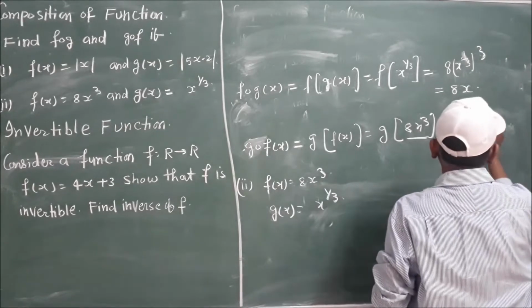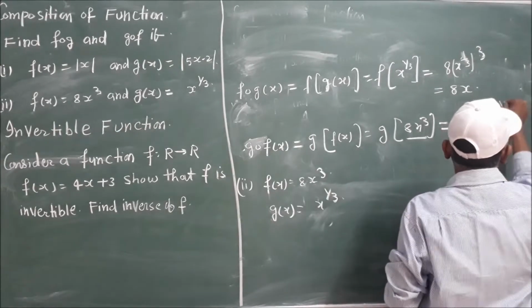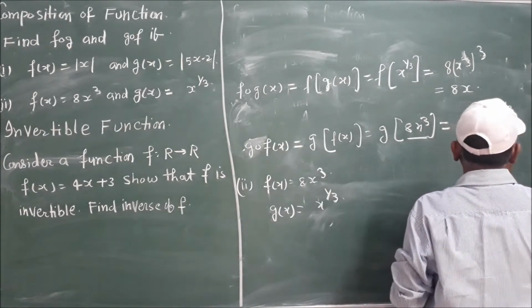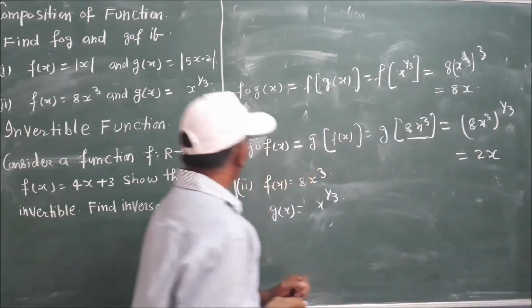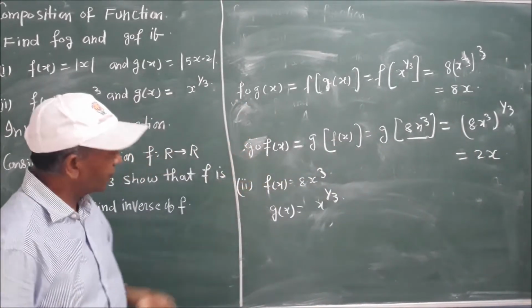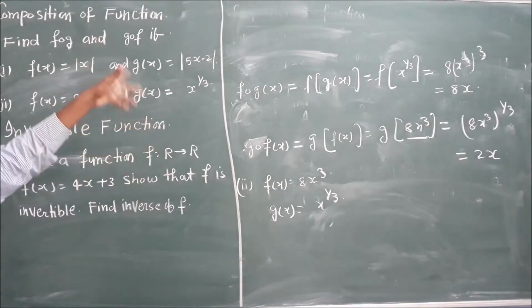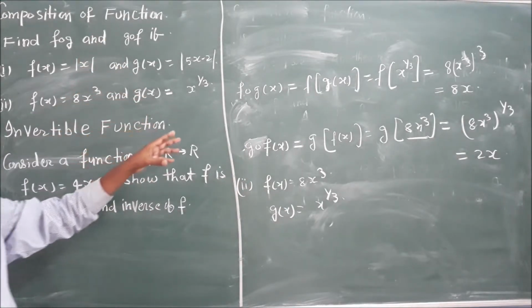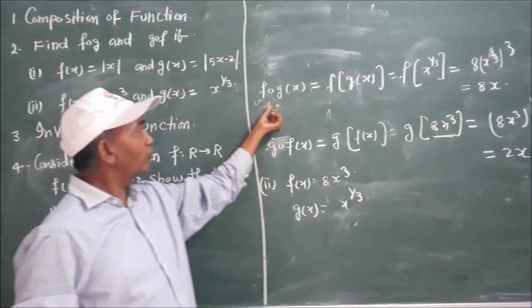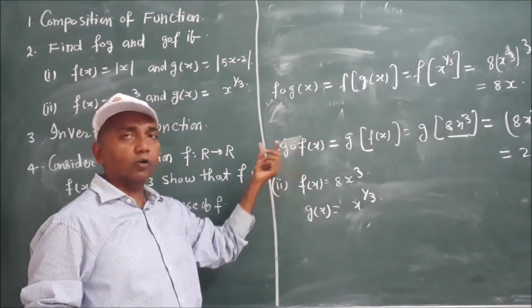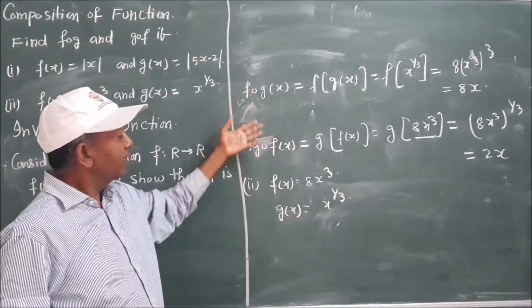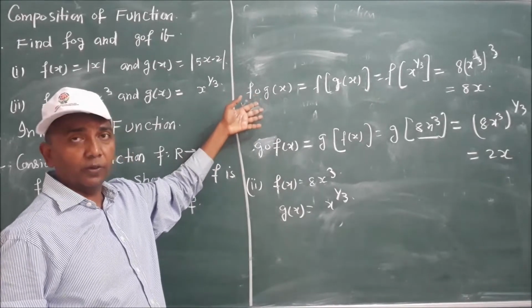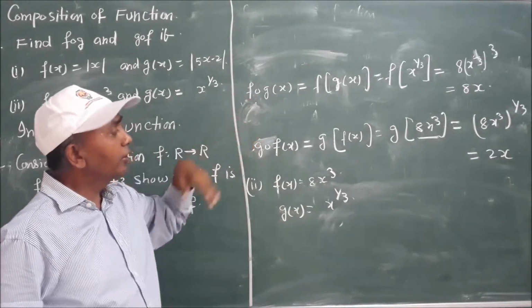So you can write 8x cube, the whole to the power 1 by 3, and this is nothing but equal to 2x. So you have calculated the value of fog and gof. Student, in a similar way, if two functions are given in the question, you have to calculate the value of fog and gof. In the CBSE examination, it is a 2 marks question. You will get this type of question for 2 marks.